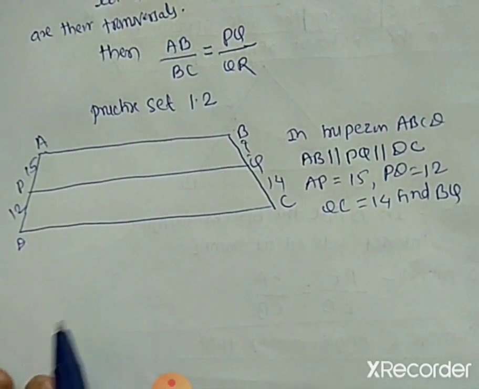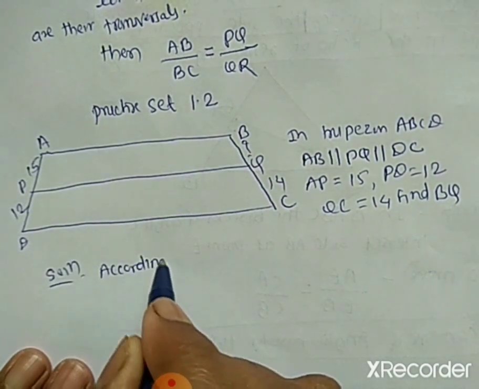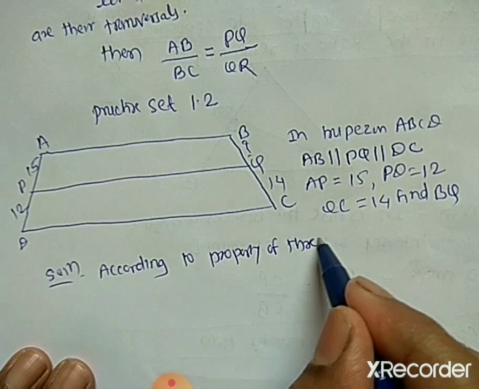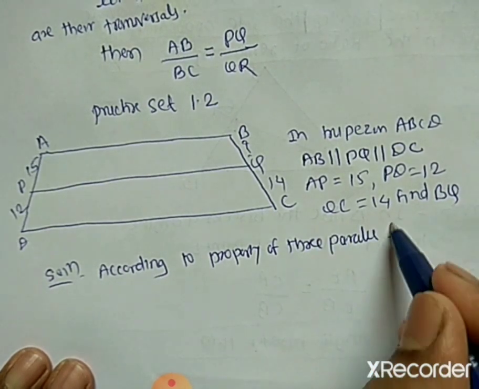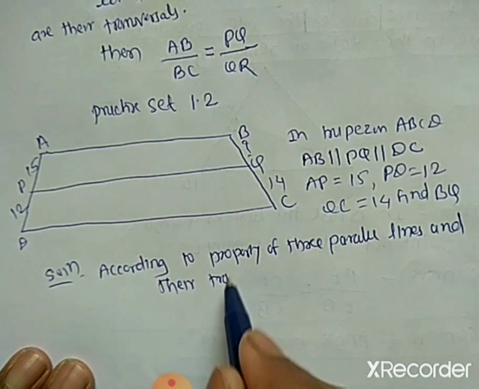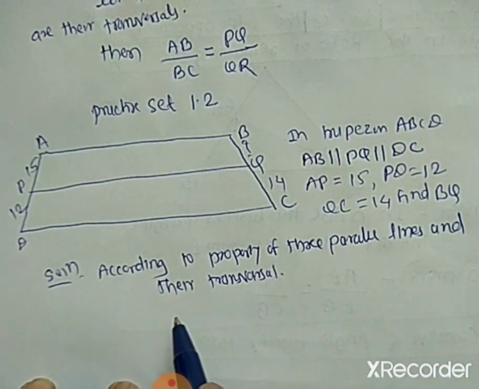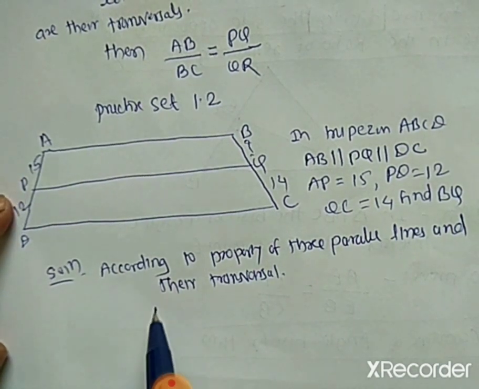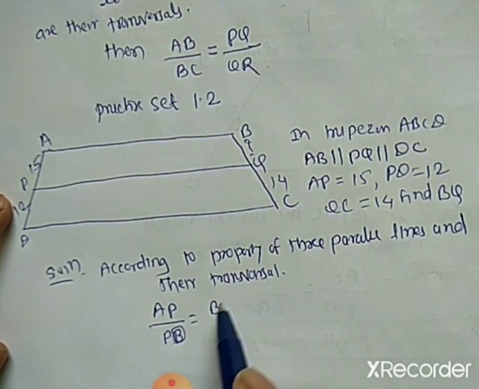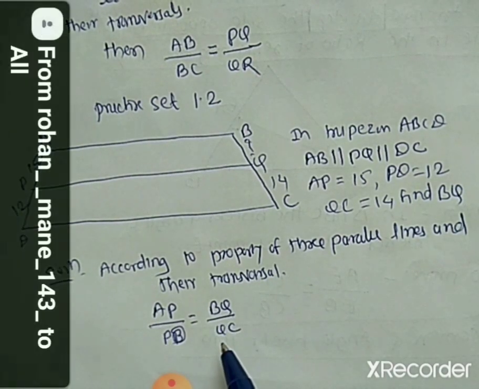Now according to the property of three parallel lines and their transversal, we write that, let us see the figure, AP upon PD is equal to BQ upon QC.